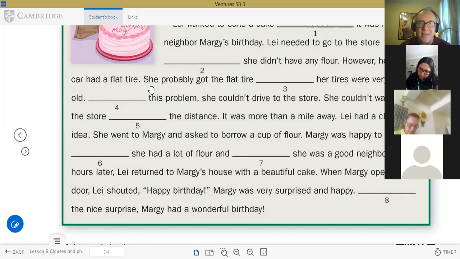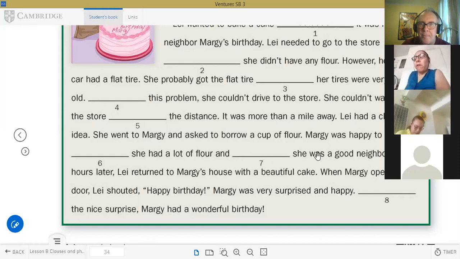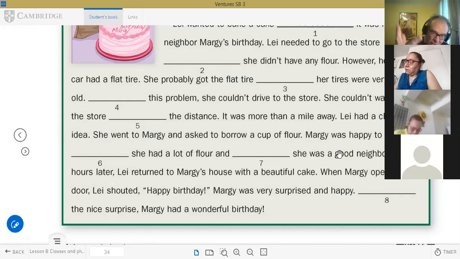Lay had a clever idea. She went to Margie and asked to borrow a cup of flour. Margie was happy to help because she had a lot of flour, and because she was a good neighbor. Two times because, right? I have 2 subjects and 2 verbs.